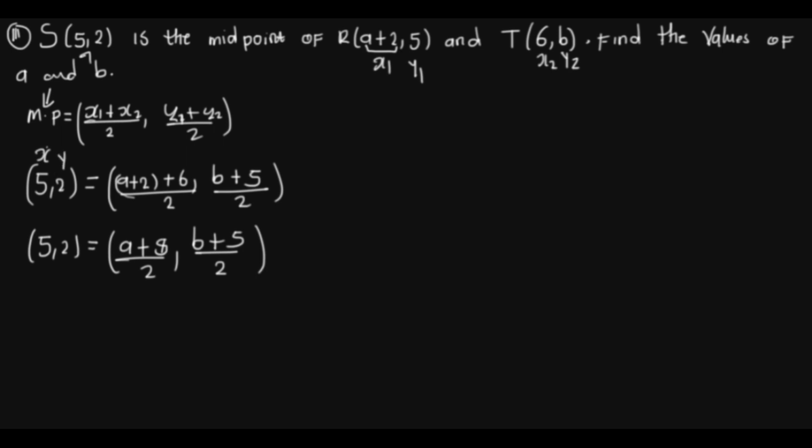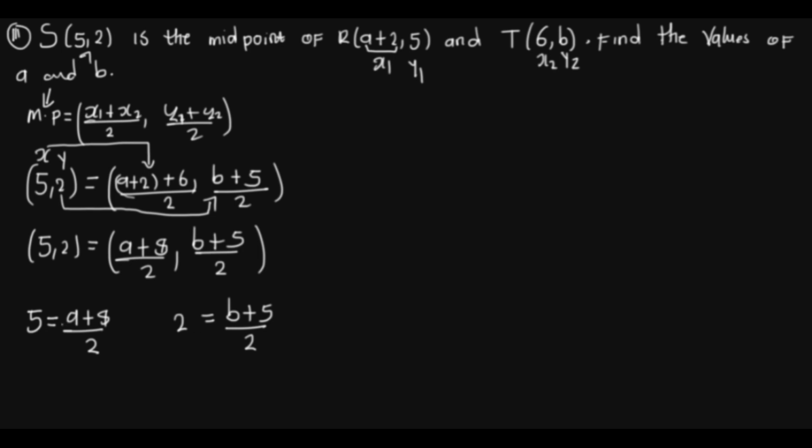So the x coordinate goes with the first part, then this one goes with the other part since it's a y coordinate. So what we are going to do is this 5 must be equal to a plus 8 over 2, then our 2 will be b plus 5 over 2.